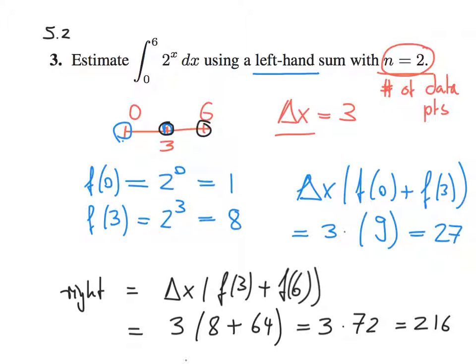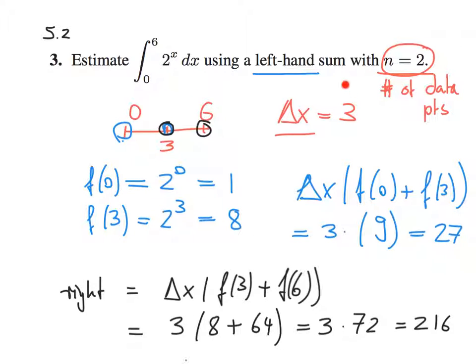So here you have a good example of how the discrepancy between the left sum and the right sum can be enormous, because the function grows extremely fast, so the overestimate and the underestimate differ extremely.